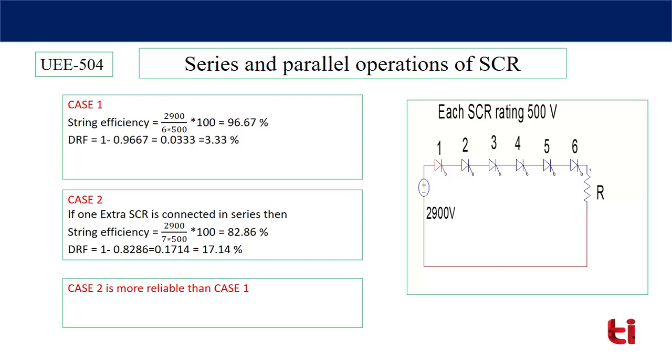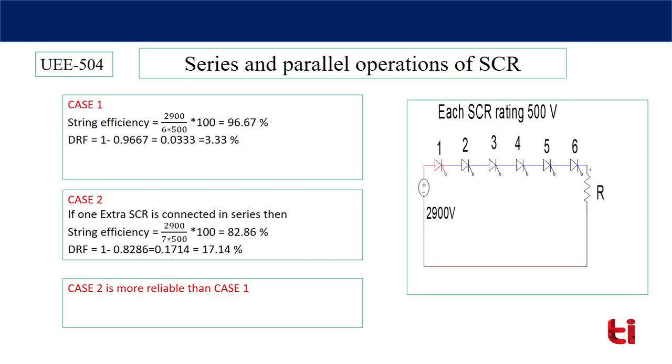So case 2 is more reliable, but the degree of utilization of SCR is less in case 2. As the cost of the SCR is more, so it is better to choose the second case than case 1.